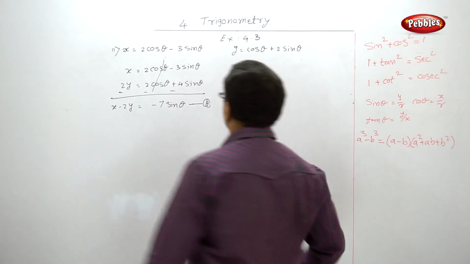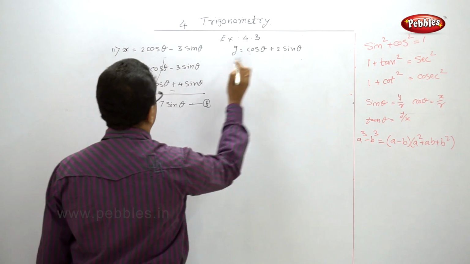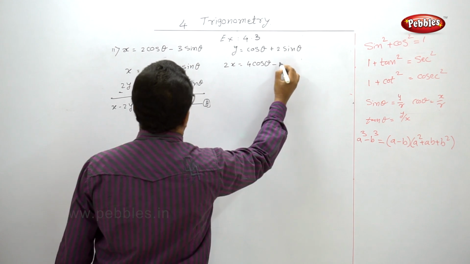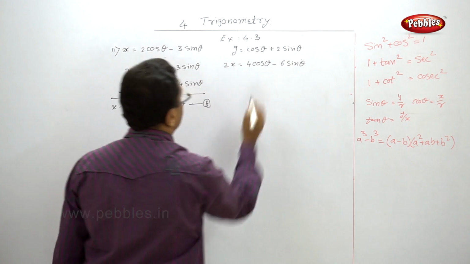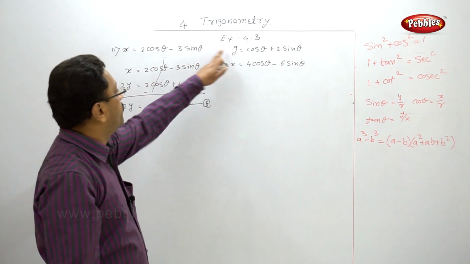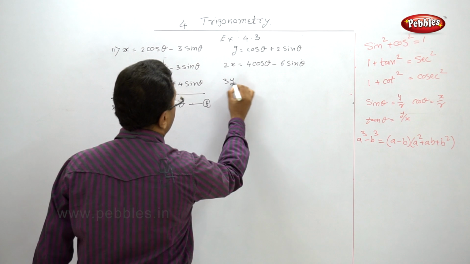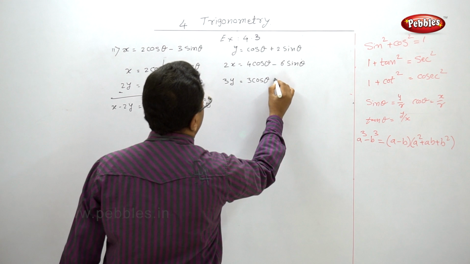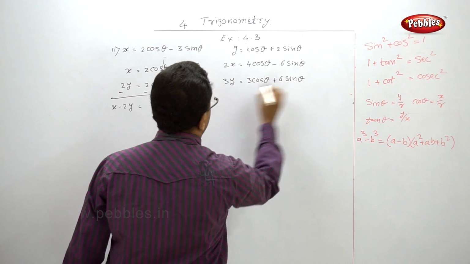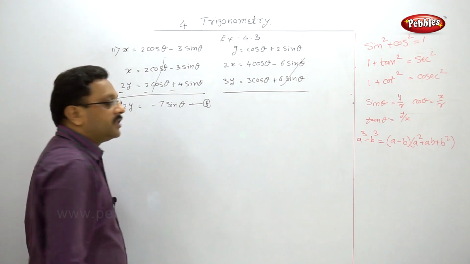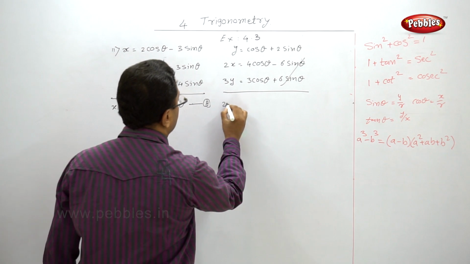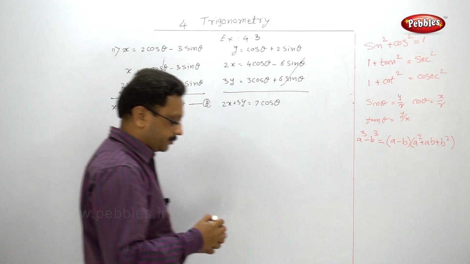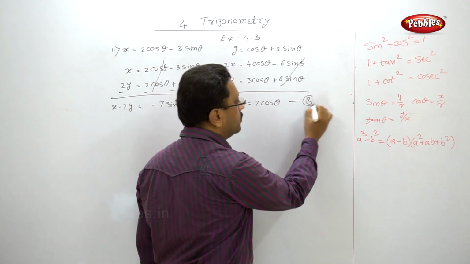So here I am multiplying by 2, so I get 2x equal to 4 cos theta minus 6 sin theta, and now I am multiplying the second equation by 3, so I will get 3y is equal to 3 cos theta plus 6 sin theta. 6 sin theta will get cancelled. 2x plus 3y is equal to 7 cos theta. This I will call equation B.